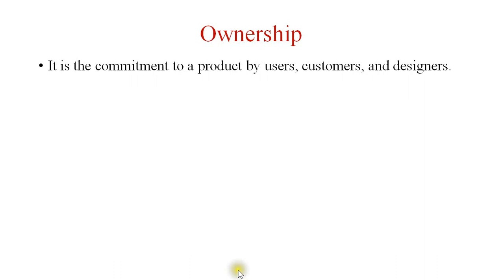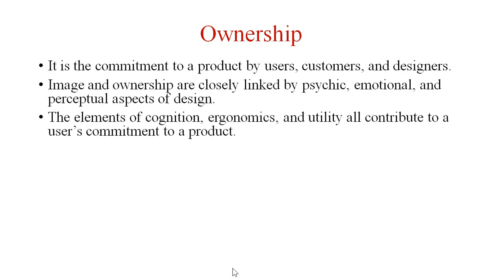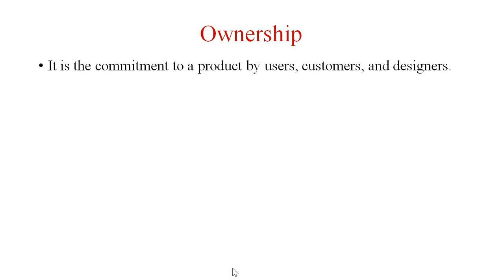Then the last parameter is ownership. Ownership is related to the level of commitment. It is nothing but the commitment to a product by users, customers, and designers. From the point of view of the users, commitment is in terms of their learning or training time to perform the different operations of the particular product.